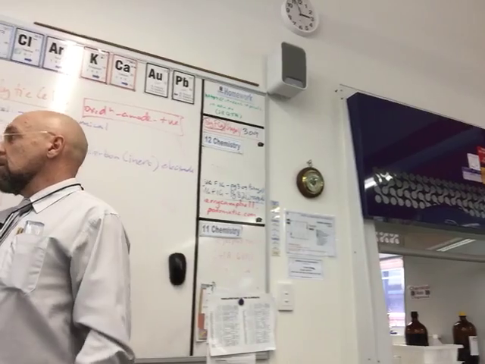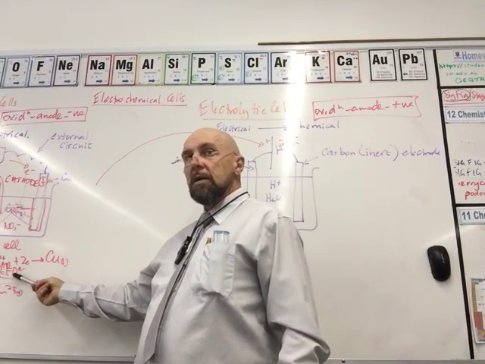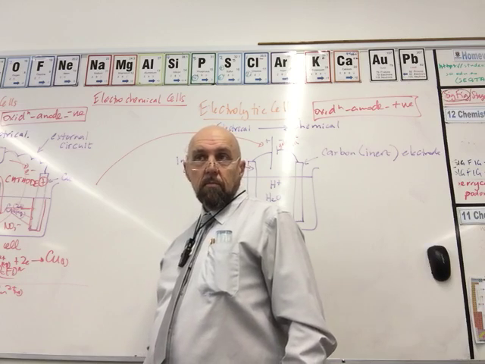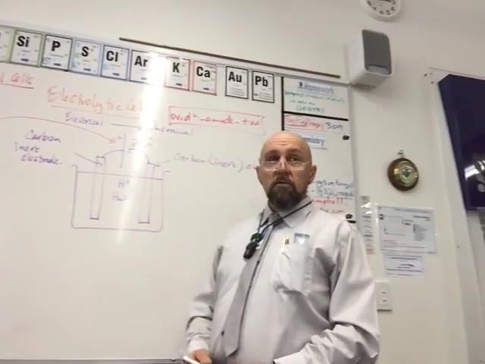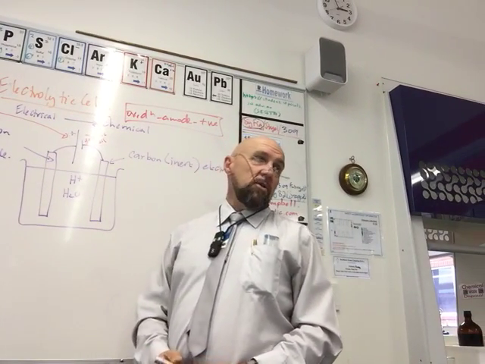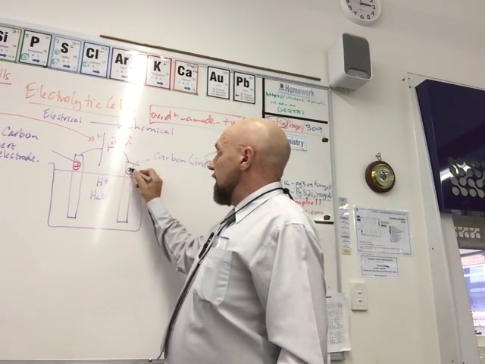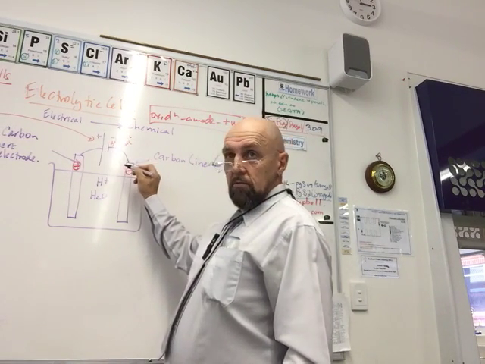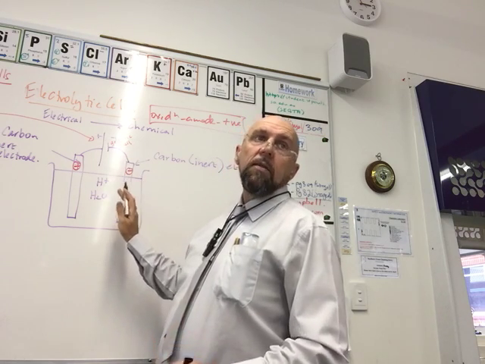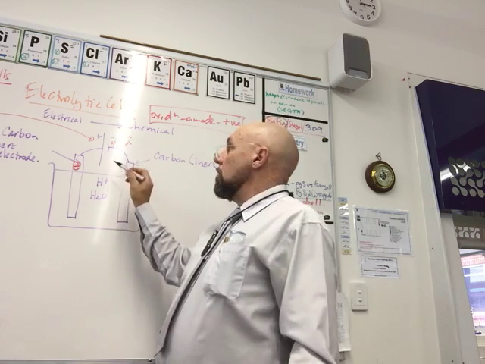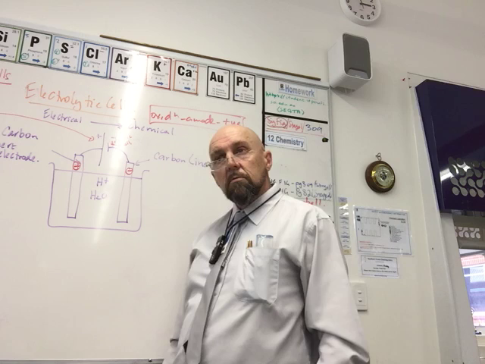This one over here was positive because it was undergoing reduction in that half cell. That's what caused it to be positive. This one is positive because I hooked it up to the positive side of a battery. Big difference between the two. So this one here, I'm going to put positive there and negative there because they're hooked up to that side of the battery. Okay? I'm not worried about the direction of electron flow here in this circuit, it doesn't matter. But we know it's going to be in that direction if we were asked. Or is it?